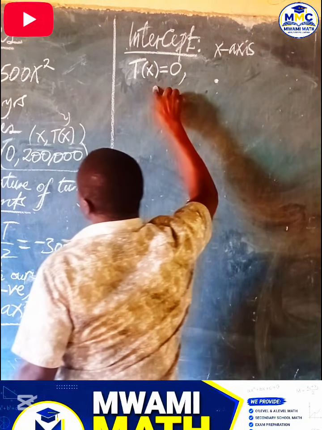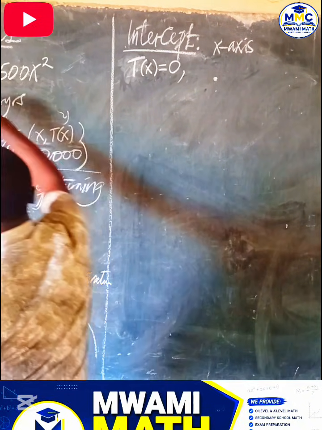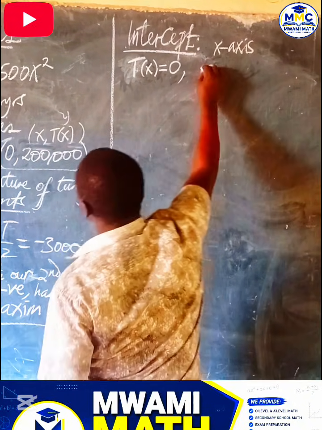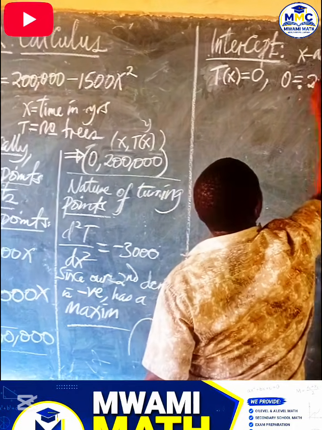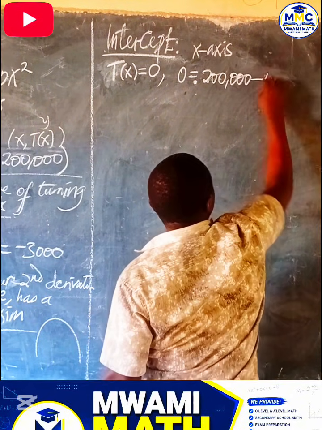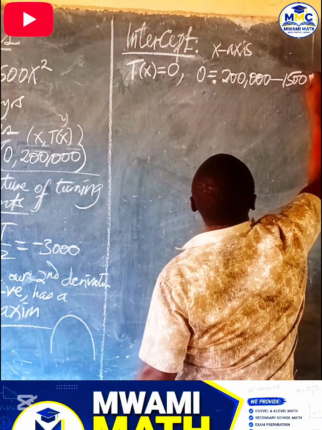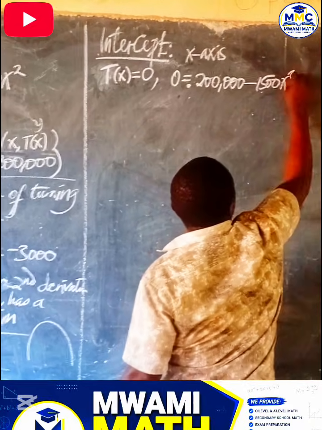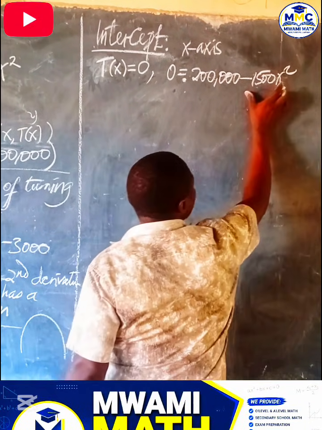So when t of x is 0, what is x therefore? It is just a matter of substituting there. We say 0 is equal to 200,000 minus 1,500 x squared. So at this time, we can make this the subject.